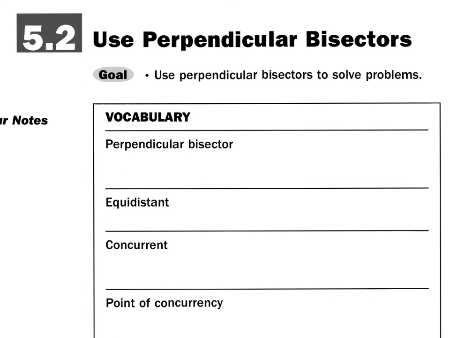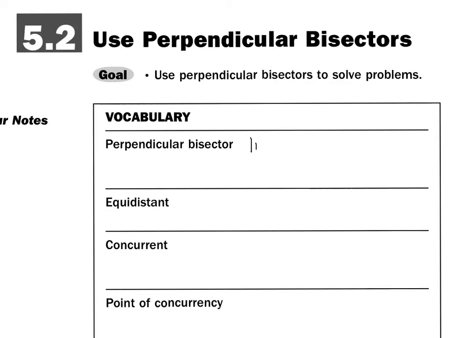5.2, use perpendicular bisectors. Well, remember that I said that this chapter had a lot of vocabulary. So here it is. Perpendicular bisector is some sort of geometric figure.